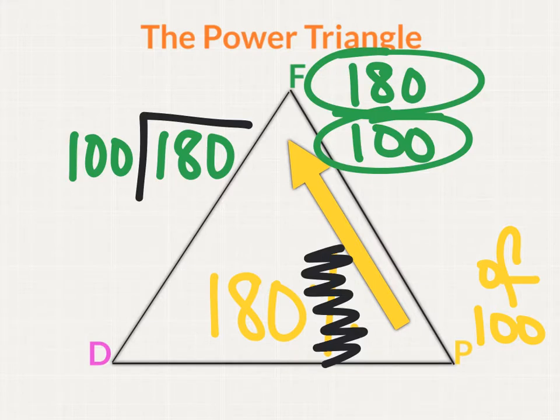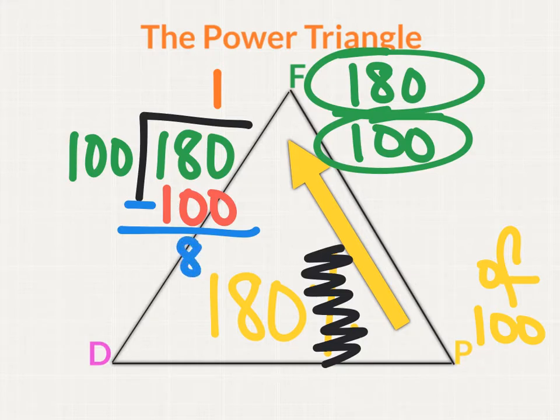But I can make one group of 100 from 180. 100 times 1 is 100. And 180 minus 100 is 80. I have a remainder of 80. 80 becomes my new numerator over my denominator of 100.